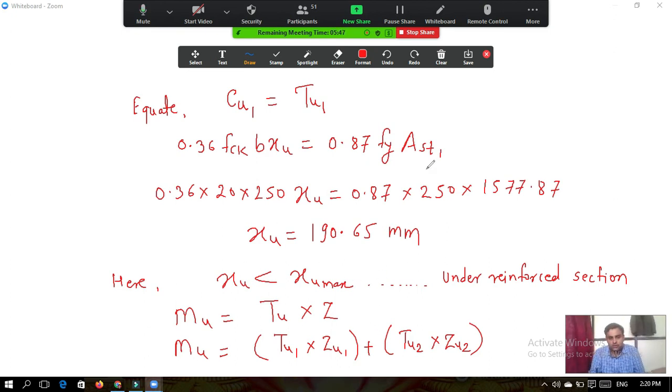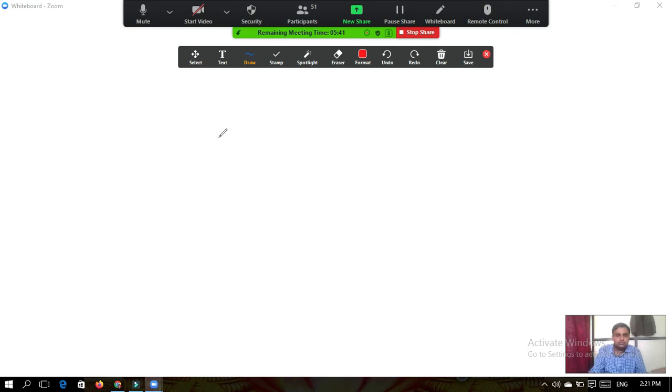Is it over? Now, okay. So the next I will write here MU is equal to, so it is TU1. So TU1 is nothing but 0.87 Fy AST1. This is the value of TU1 into lever arm. Lever arm is ZU1. So this is D minus 0.42 XU.